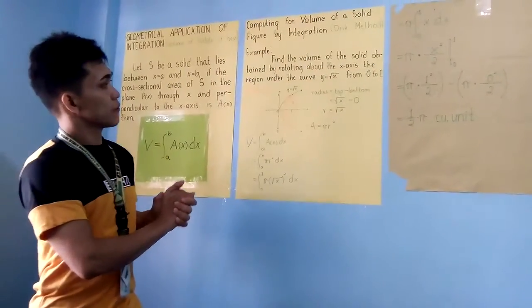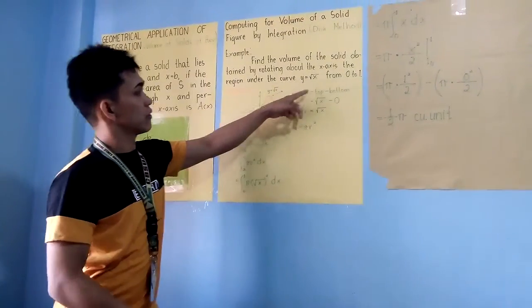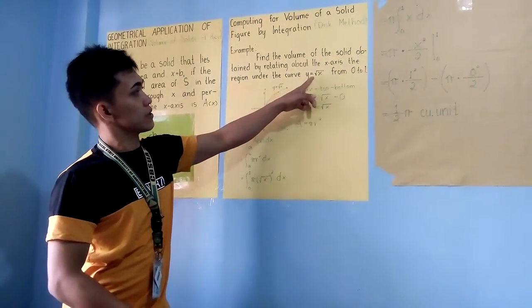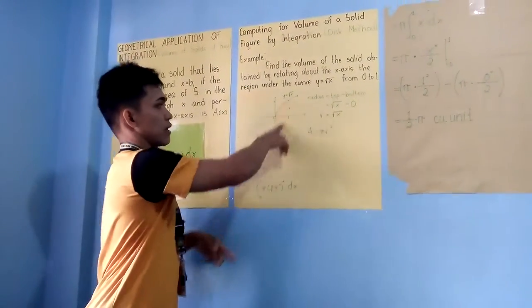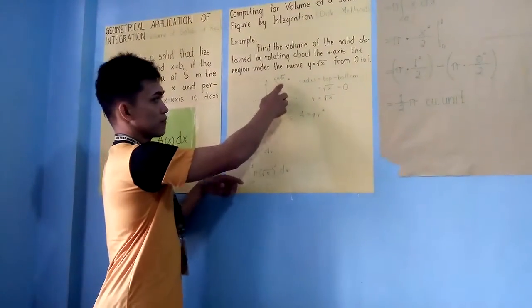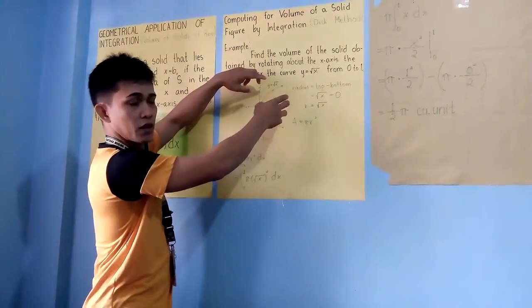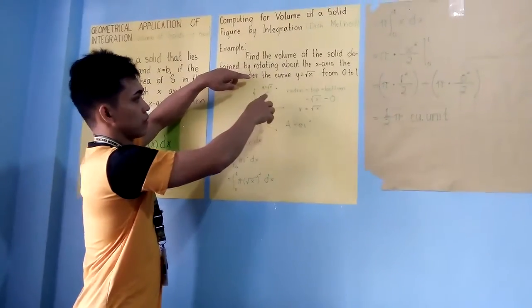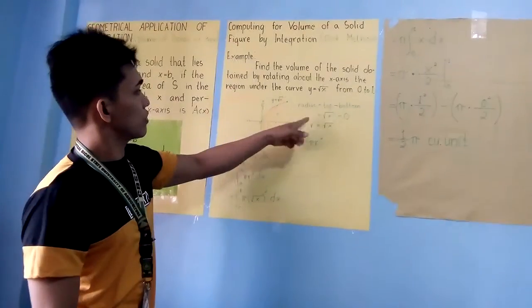Our solution, first we will graph the given function, which is y equals the square root of x from 0 to 1 and about the x-axis. It will look like this in the graph. By graphing the function, we can form a certain shape that is a circle.